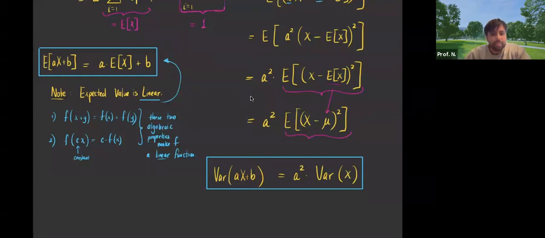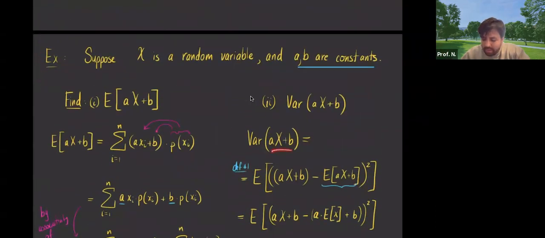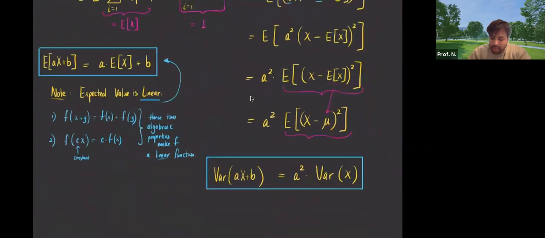That's good. So when I multiply the random variable x by a, what's happening? Every value of x is being multiplied by a. And if you go back to the definition of variance, there's a squared term. So I'm taking the values of ax and I'm squaring them for the variance. So that's why you have this little a squared that pops up. And then you can clearly see this doesn't obey either of the linear properties.